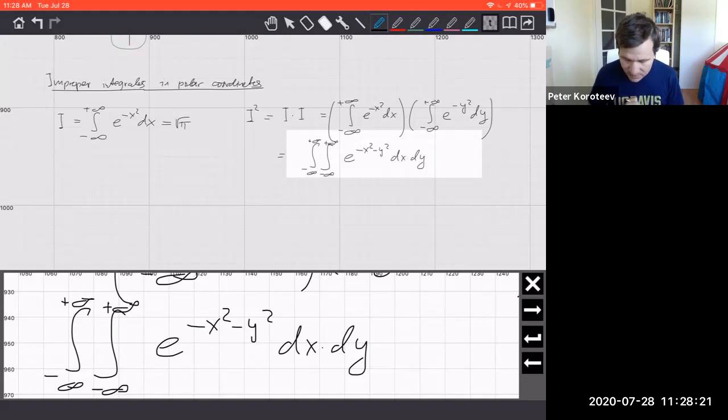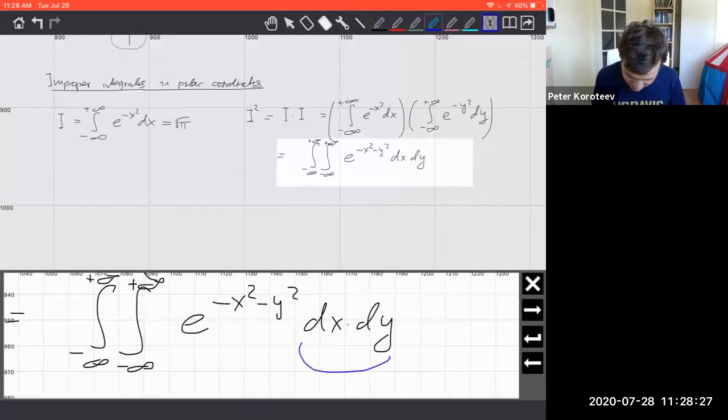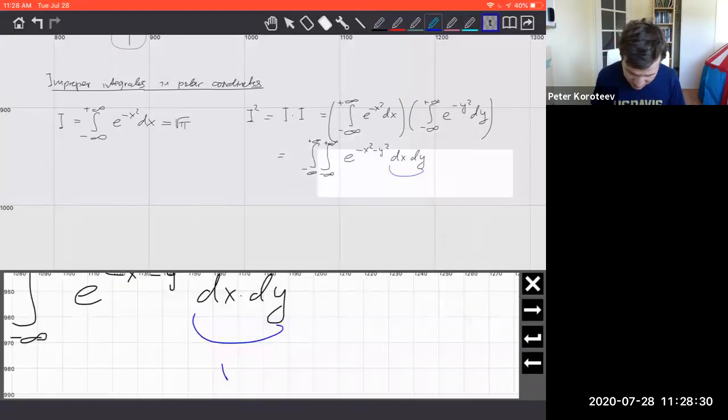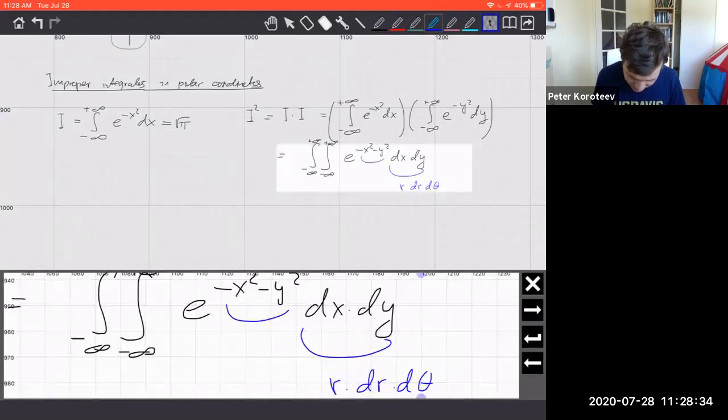Now, how shall we calculate this integral? Well, we'll use polar coordinates. So dx dy, as you know, is replaced by r dr d theta, and x squared plus y squared is replaced by r squared.